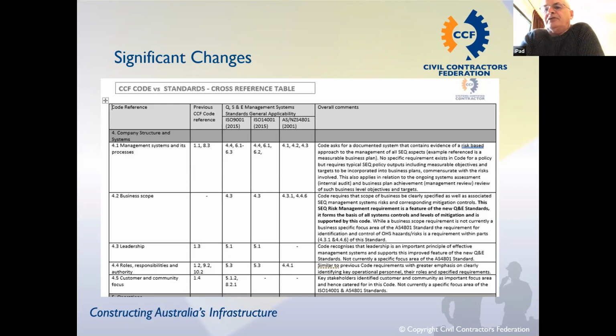And then the ISO standards, this is where you would find them in the respective ISO codes. So it's a bit of a checklist. For instance, business scope. You notice in the previous one, we didn't talk about that. It is now a requirement. In the ISO standards, it's under clause 4.3 in all those 3 elements. And the same thing with leadership. We did actually cover leadership, apart from safety, where apparently there's not a requirement under AS 4801.